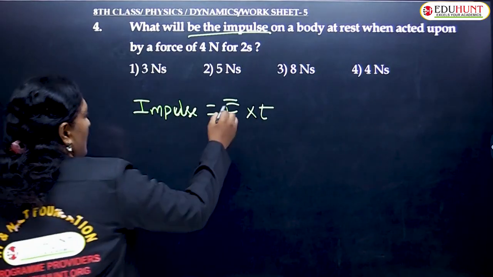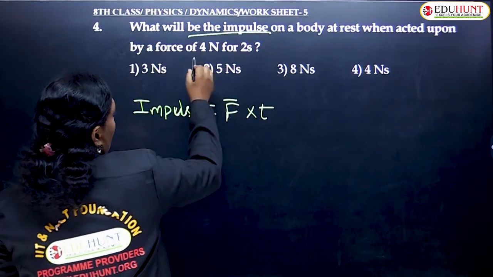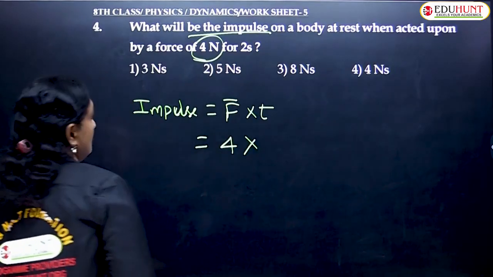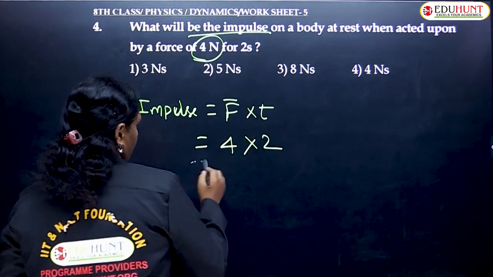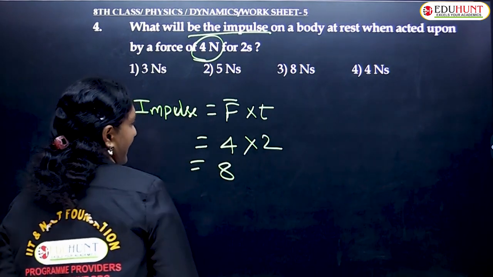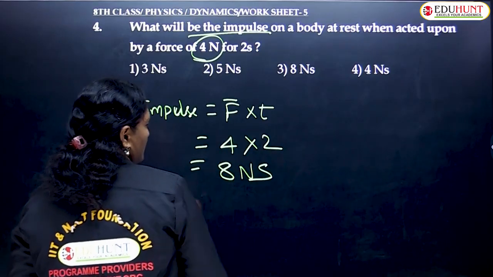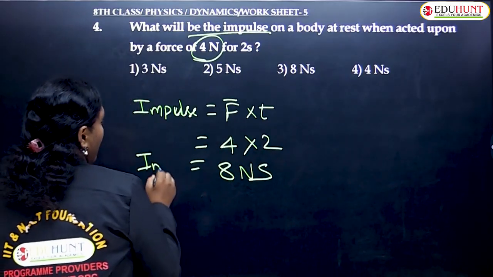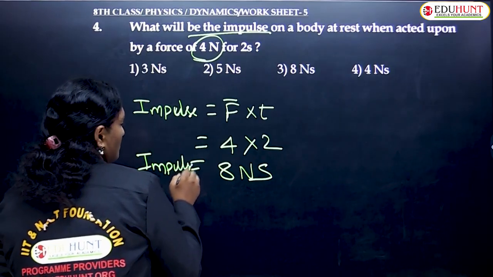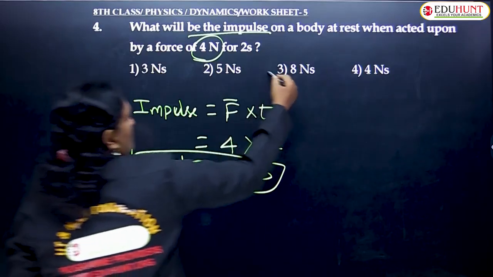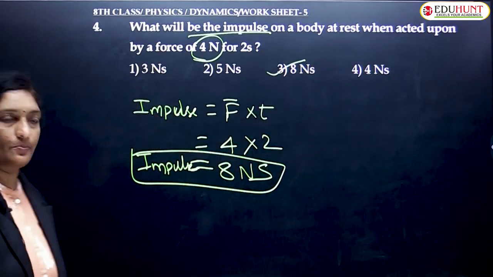The force is 4 Newton and time is 2 seconds. So 4 into 2 is 8. Force is measured in Newton, time in seconds. Hence the impulse is 8 Newton second. So the answer is the third option.